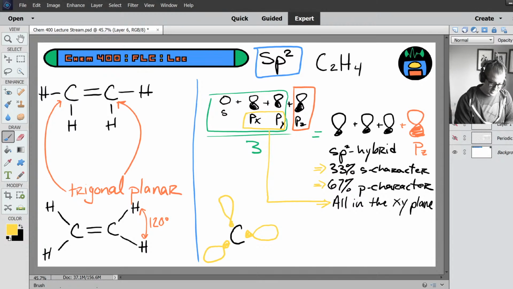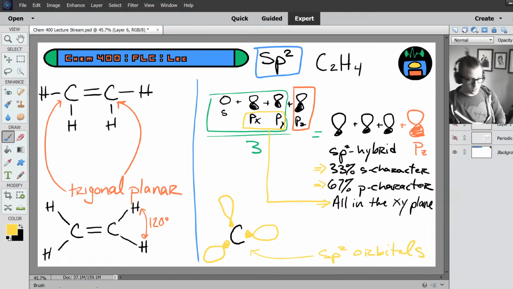All right, these are the sp2 orbitals on carbon. Now let's use the sp2 hybridization and what we learned about bonding and orbital overlap to show how this molecule of C2H4, which is called ethylene, comes together and how those bonds form.